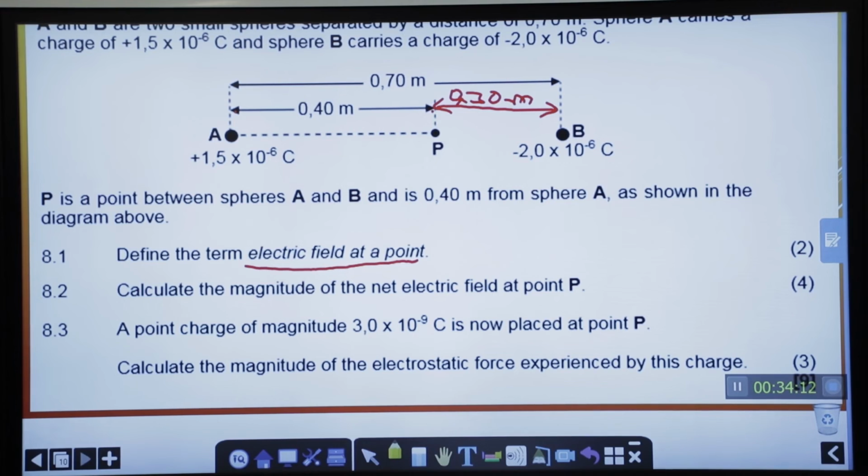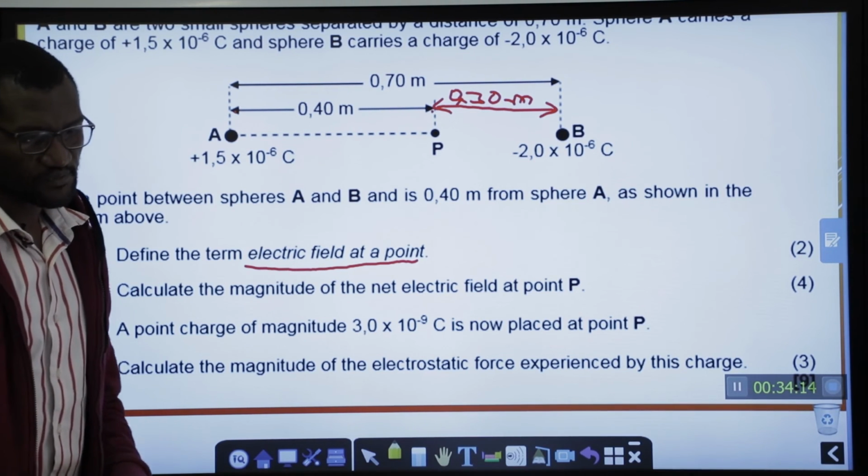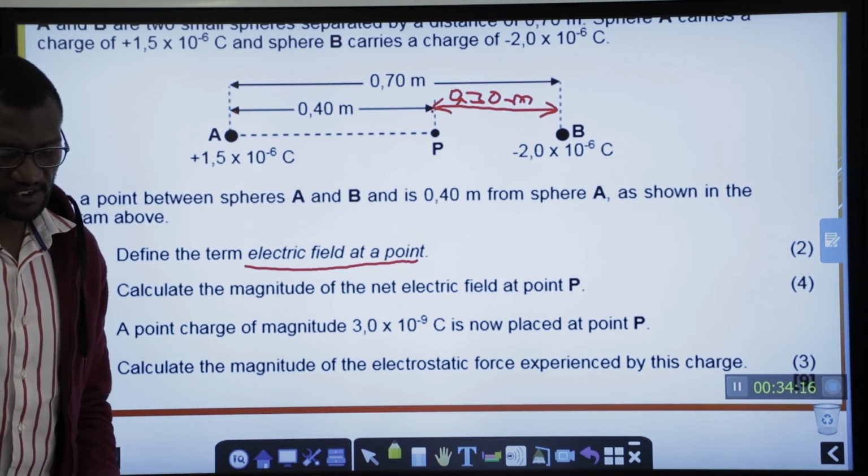So the question is asking us to calculate the magnitude of the net electric field.